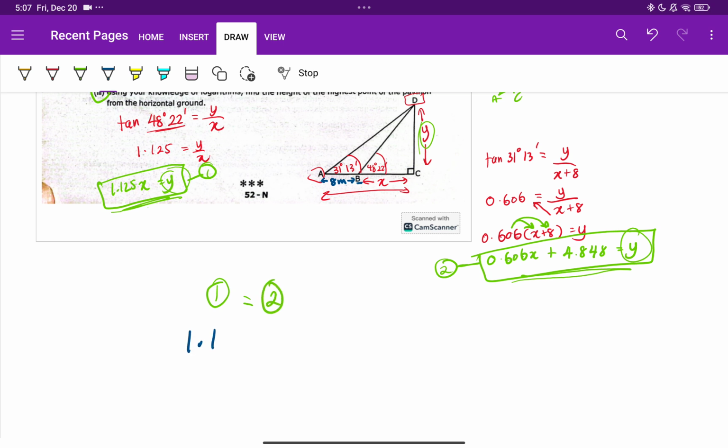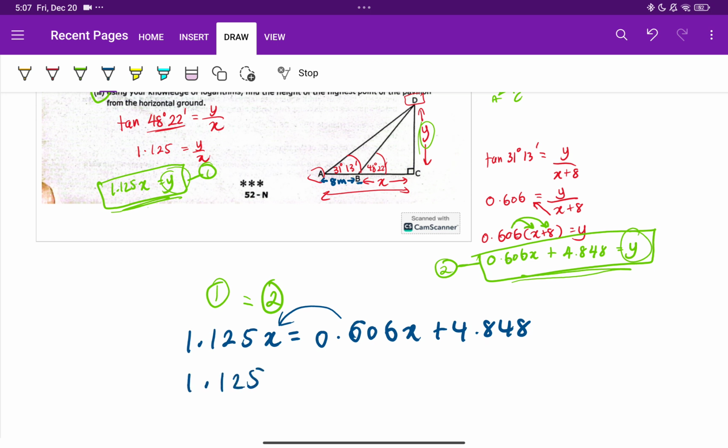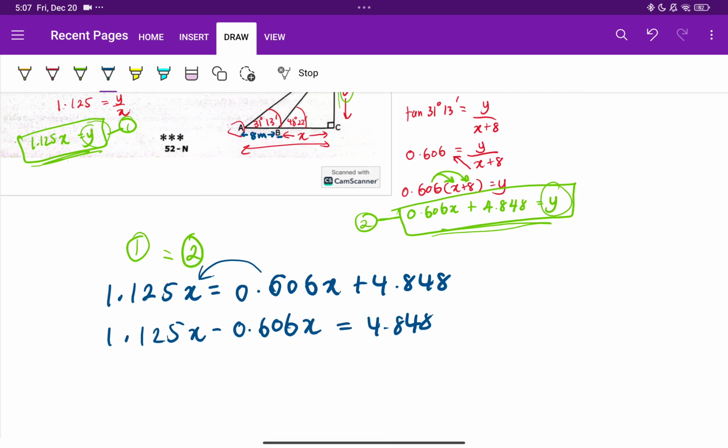So first equation will be 1.125x, and the left hand side of the second equation is 0.606x plus 4.848. Now we can simplify, we can take this to the other side. 1.125x minus 0.606x is equal to 4.848, right? Now let's do the subtraction.